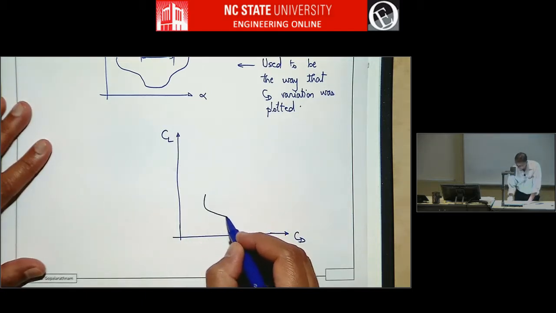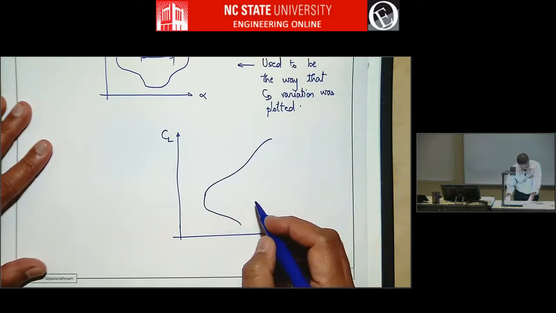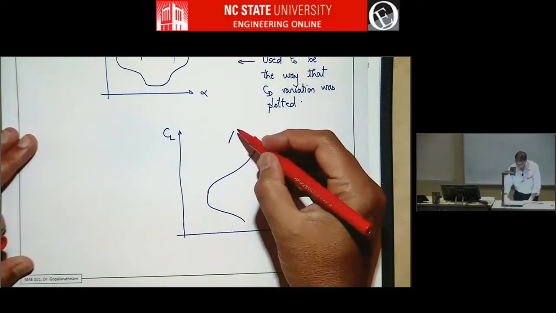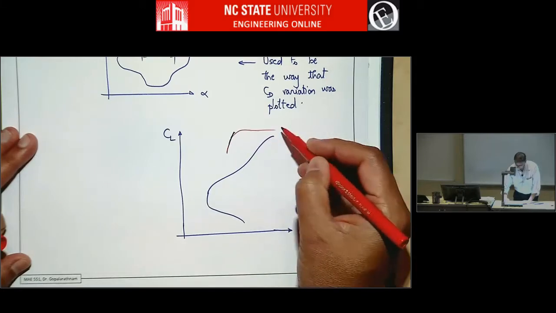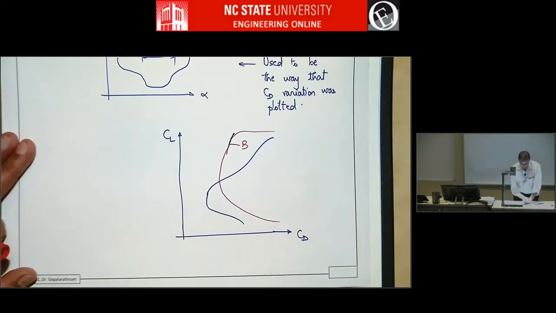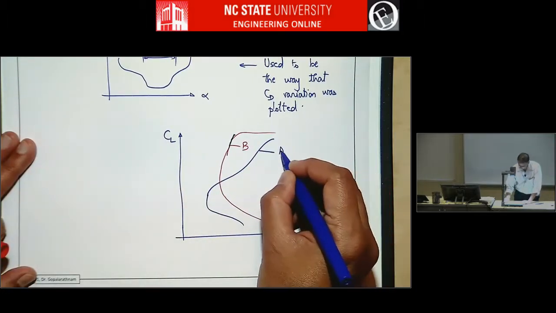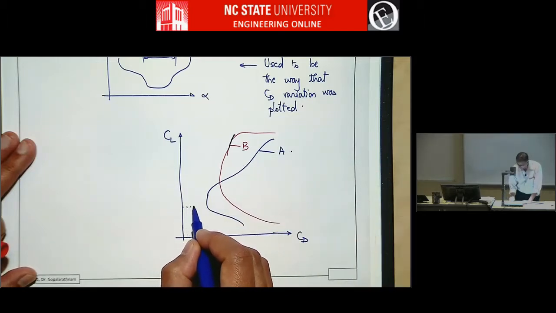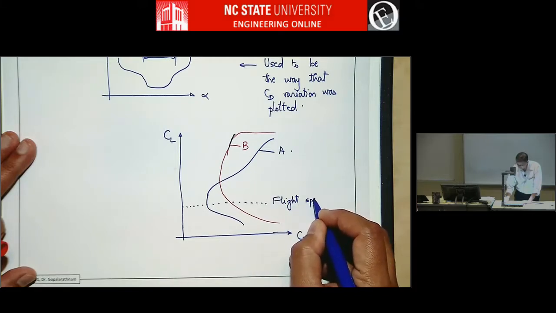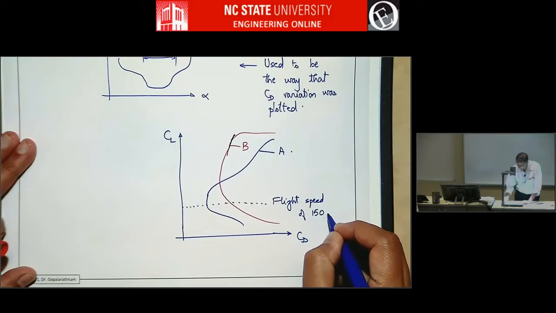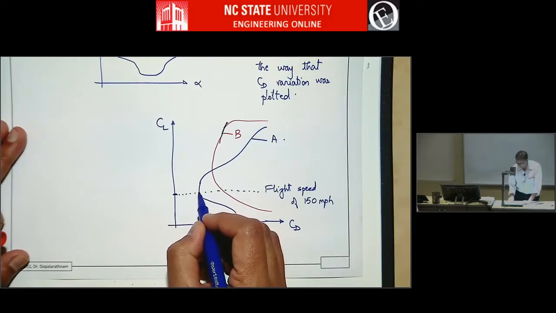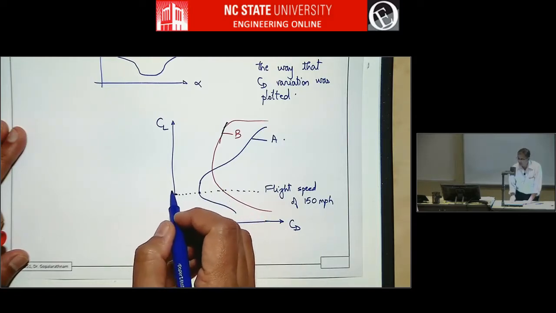And so you might find one airfoil that's like this, and another airfoil that's something like this. So this is airfoil B, this is airfoil A. And let's say you're comparing at a certain flight velocity of 150 miles per hour, that will correspond to a certain CL, and you're comparing the CD of the two airfoils at that CL.